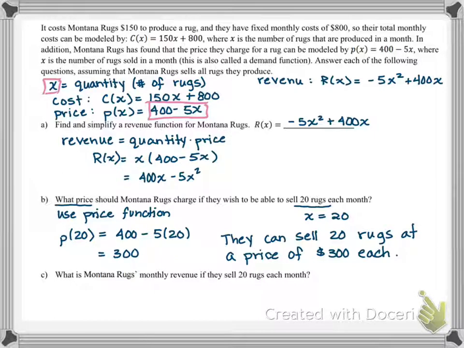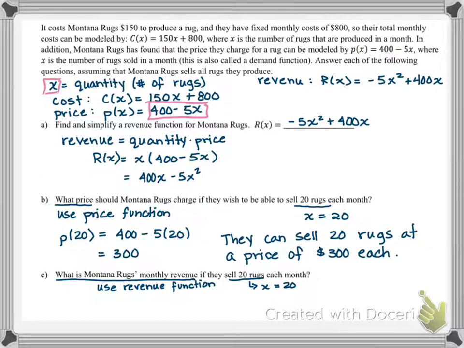So now we want to know what is the revenue. When it asks what is the revenue, that tells me to use what? The revenue function. And again, I'm just given an x value, right? I'm given a quantity. So I'm not trying to maximize or minimize or find x-intercepts, nothing like that. They're just giving me an input.